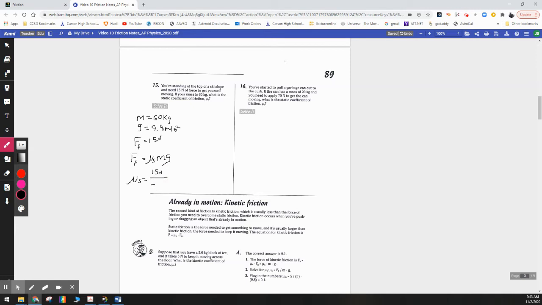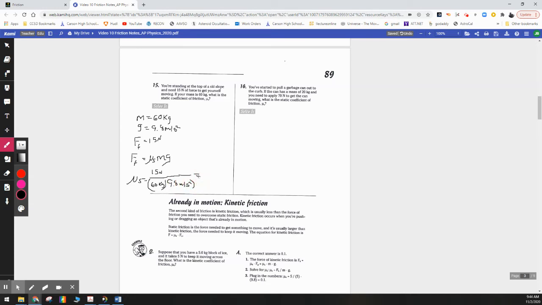The mass is 60 kilograms. We'll have 60 kilograms here, and 9.8 meters per second squared, like so.